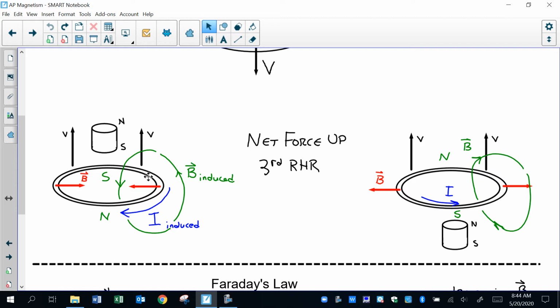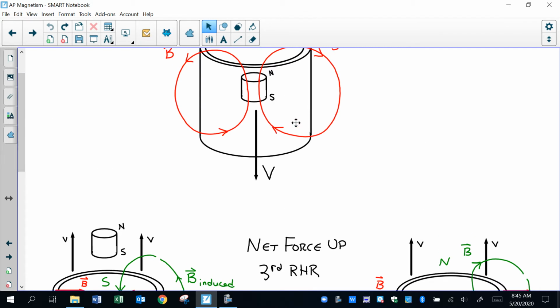I am going to look here, so as my magnet comes in, I know that I have an arrow pointing here. See this red arrow? If I scooch up a little bit, below the magnet my magnetic field comes in through the copper tubing, and above the magnet it goes out of the copper tubing.